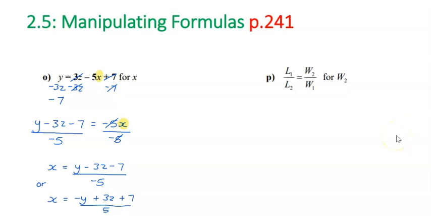Lastly, we have questions like P, Q, and R on this page 241. We're actually going to solve this really quickly if we want to. We have L1 over L2 is equal to W2 over W1. We want to isolate W2.